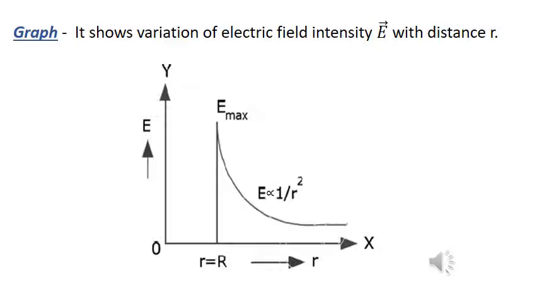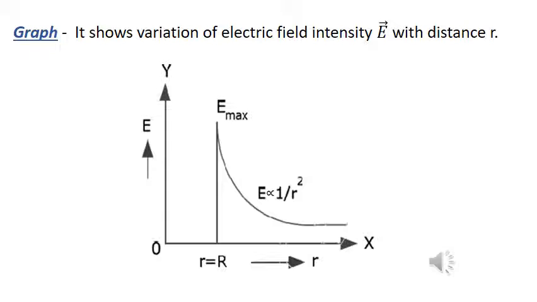We can show the variation of electric field intensity with small r, which is the distance of the point of observation from the center of the spherical shell. As we have got the value of electric field intensity in all three cases, for r equal to 0 to r equal to capital R, the electric field intensity will be 0 as shown in figure.